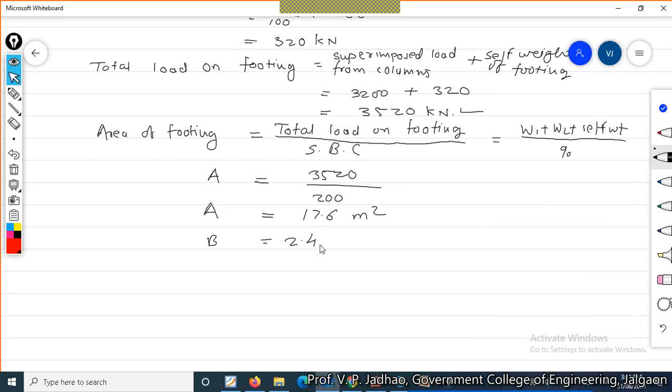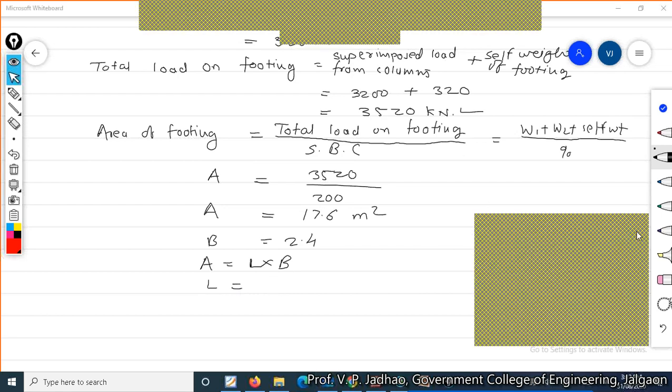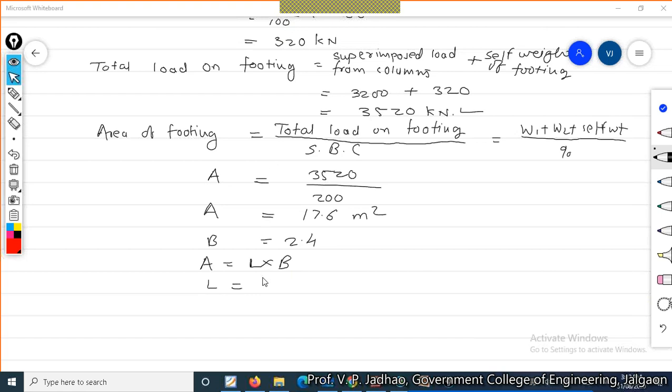So width is given as B, and we know that area of footing is equal to length into breadth. So this L is equal to area of footing divided by breadth. We have area of footing equal to 17.6, so 17.6 divided by breadth of footing 2.4 meter.